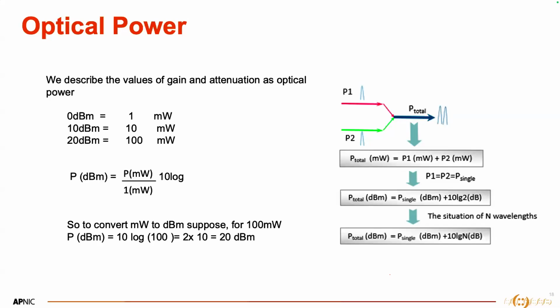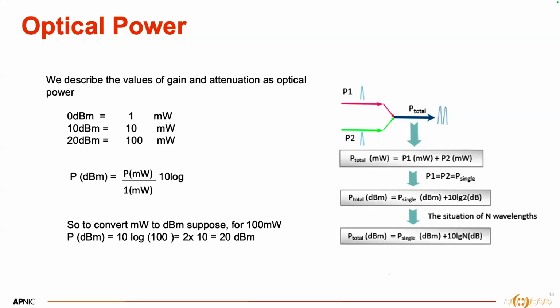This is the relation between the total power and the power of a separate lambda in a system. So to summarize the optical power discussion, what is optical power? Optical power is the unit or measurement of light which can tell me if the light is strong enough or weak enough to carry on the transmission, right?